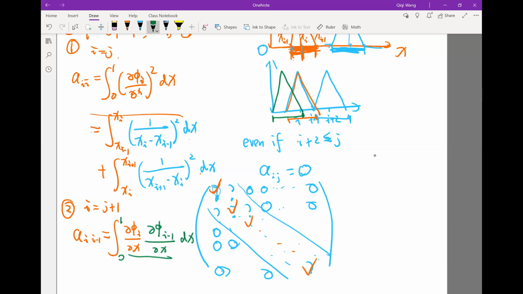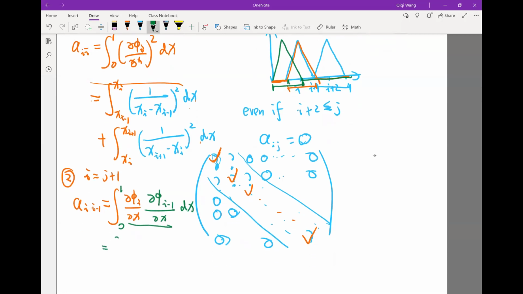Okay, I have a red function multiplied with the green function. Yeah, the overlapping region, exactly. I didn't draw it, but the red function is actually 0 over here, and the green function is 0 all over here, right? So basically, only the overlapping region from xi minus 1 to xi, I would have a non-zero product.